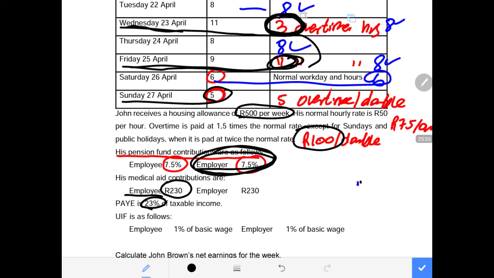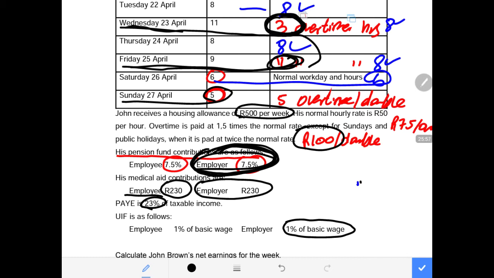So now that we're calculating the net wage, we don't worry about what the employer is contributing. So this other 7.5 and this 230 is only relevant when we're calculating the total cost to company. Now we only want to know the net salary for this specific employee.